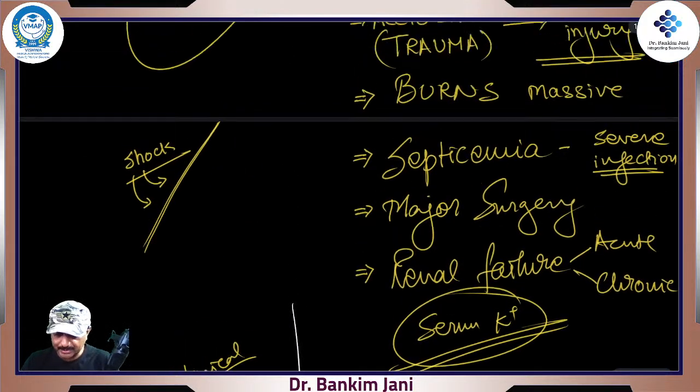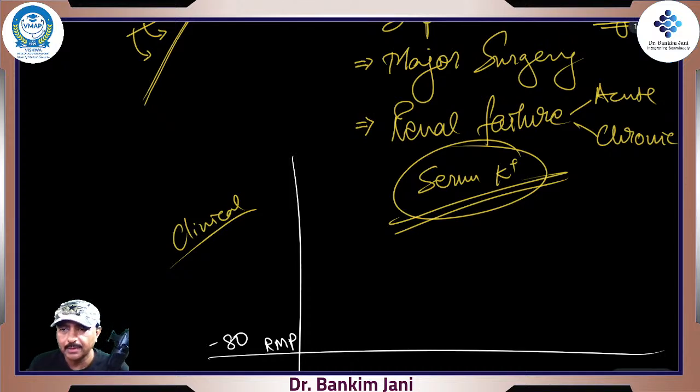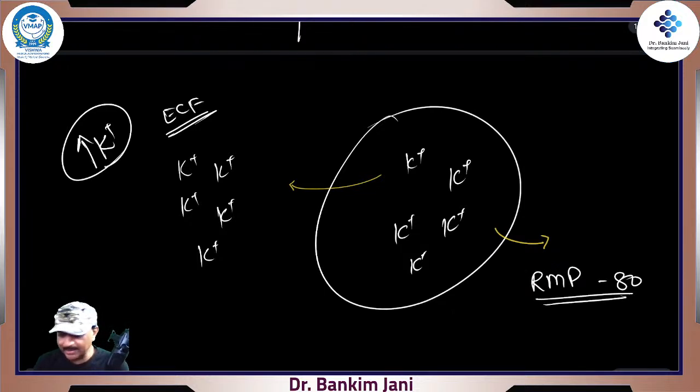More electropositive, not negative. See, outside there is so much potassium, so only a few will go out, and the work is done. So your resting membrane potential, RMP, which previously was minus 80, now that there is so much potassium outside, would be raised.